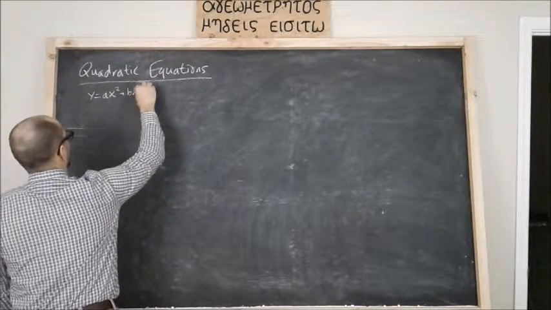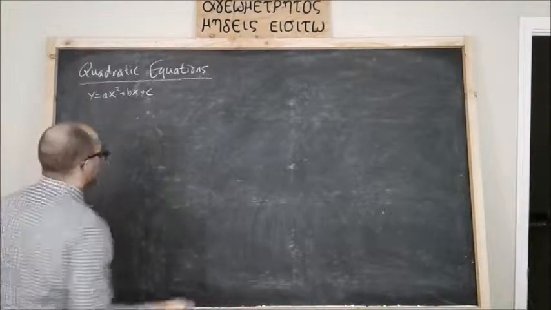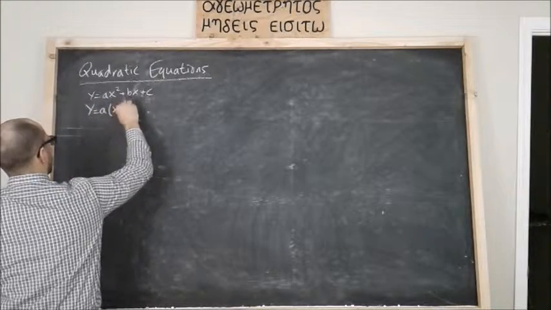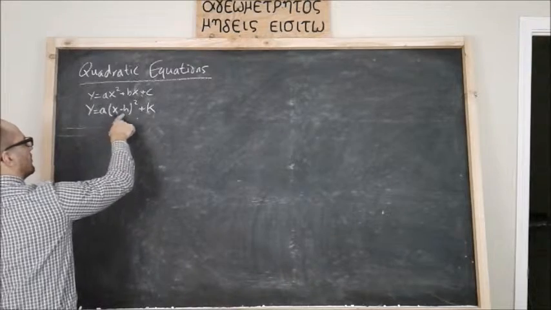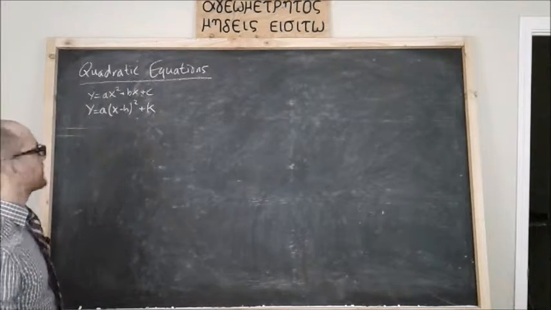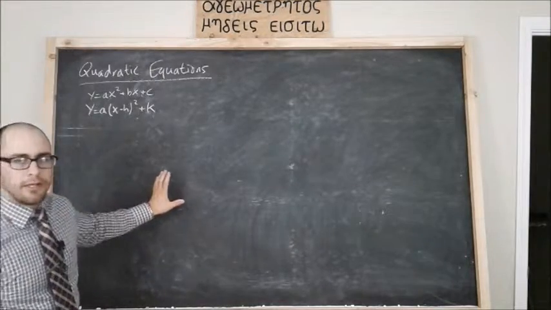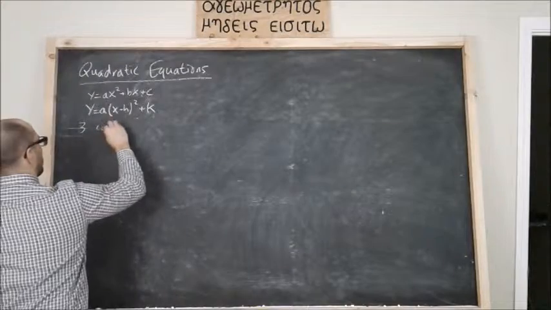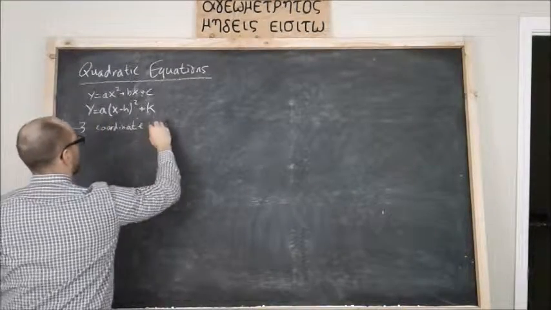Ax squared plus bx plus c, so 1, 2, 3, or remember from vertex form, okay, we have 1, 2, 3 pieces of information, okay, or graphically, it could require three coordinate pairs, okay, 3 coordinate pairs.